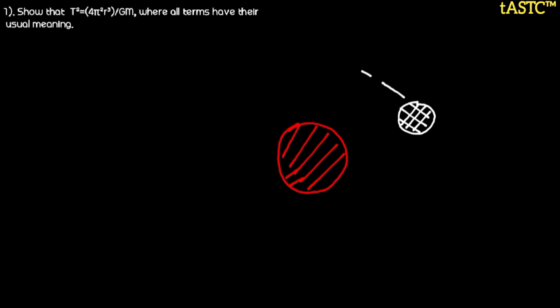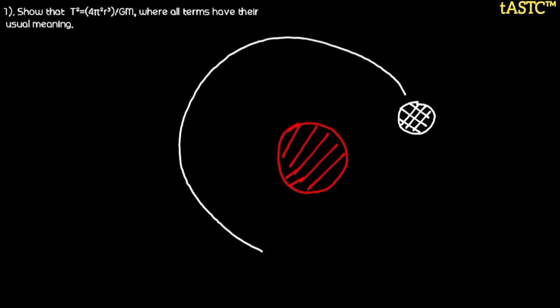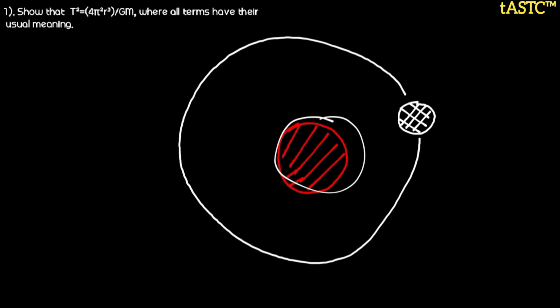I'm going to represent this with a circle. Hopefully I'm going to have a perfect circle. Yeah. So we know that there is going to be a radius between this body and this body. So here we have this as the sun, and this is going to be the Earth.